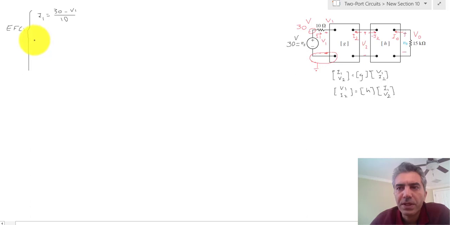For the 15K in the output, we have I out that is equal to V out minus V out plus, which is basically minus V out. So it's minus V out divided by 15K.